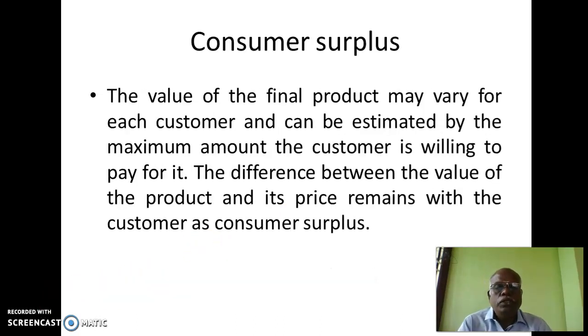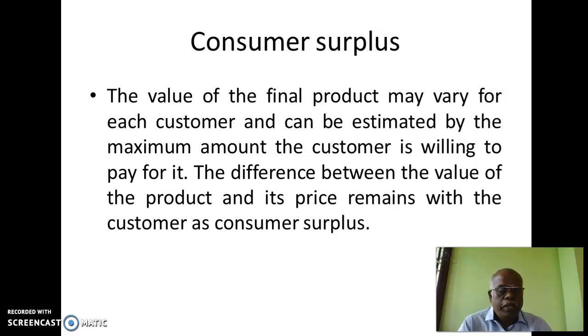Then we see what is consumer surplus. The value of the final product may vary for each customer and can be estimated by the maximum amount the customer is willing to pay for it. The difference between the value of the product and its price remains with the customer as consumer surplus. Let us take the same example of the pen. The customer is looking for a particular brand of pen and is ready to pay, for example, even 100 rupees.